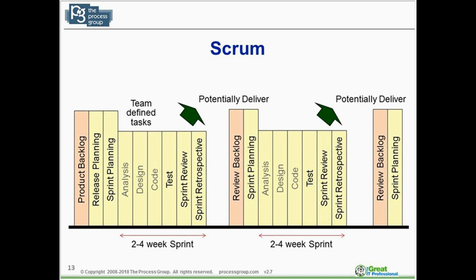And then if you look at the middle box, review backlog, if there are changes to requirements, either additions, deletions, or modifications, we can look at those, decide our next increment, and then go through 2 weeks of activity. And then the third brown box, we review the backlog again.